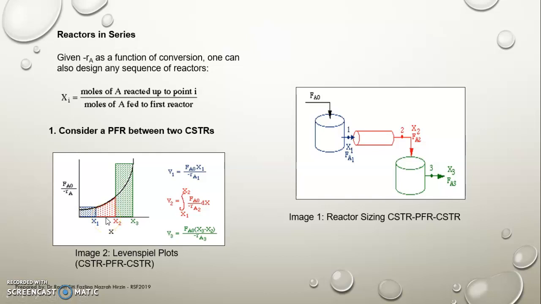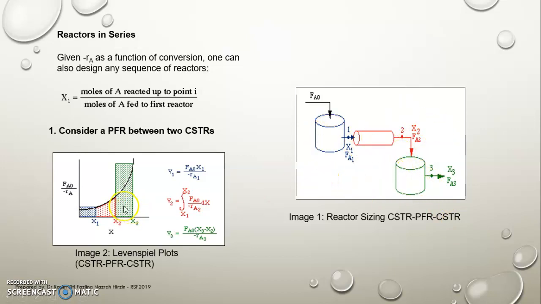Okay, maknanya yang dekat tengah-tengah ni adalah PFR. Kan, dia suruh cari volume PFR. Yang sini adalah CSTR. Okay, ni dia punya figure lukisan dia. Okay, first CSTR, lepas tu PFR, CSTR. Awak kena cari volume tiga-tiga ni.